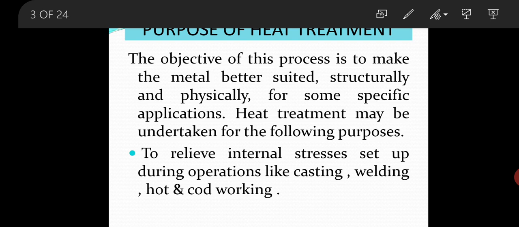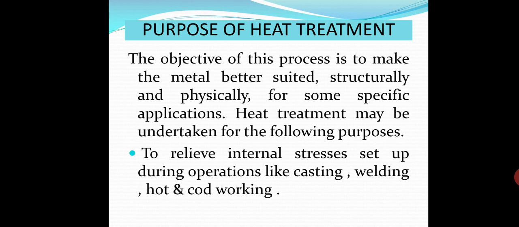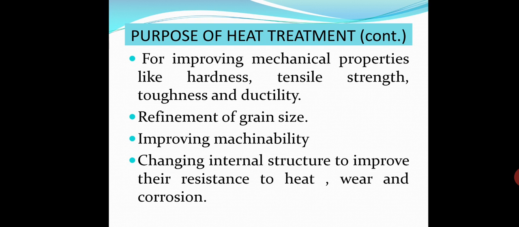So to relieve these internal stresses, heat treatment is done. So this is one of the purposes. The next purpose, improving mechanical properties like hardness, tensile strength, toughness and ductility.